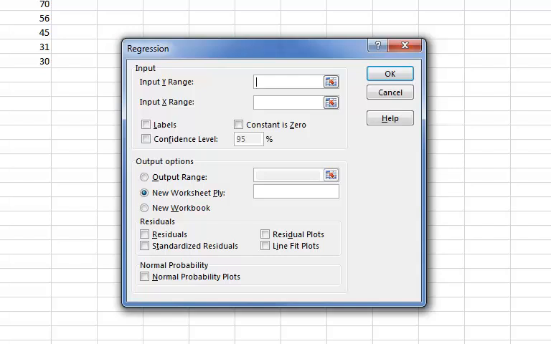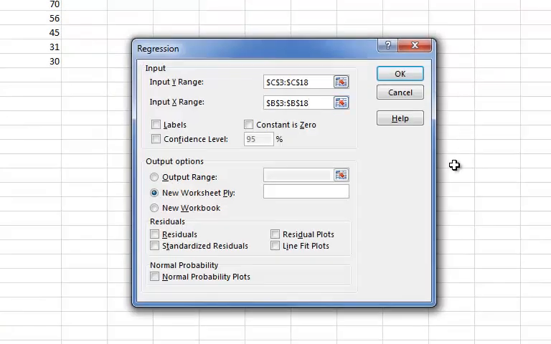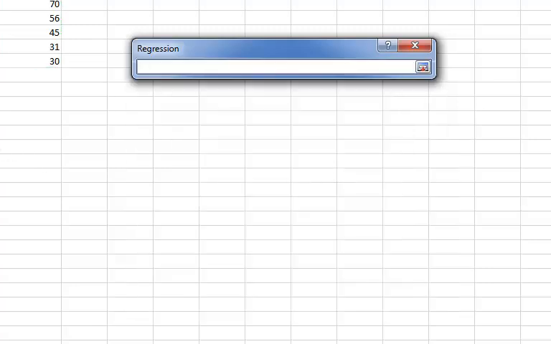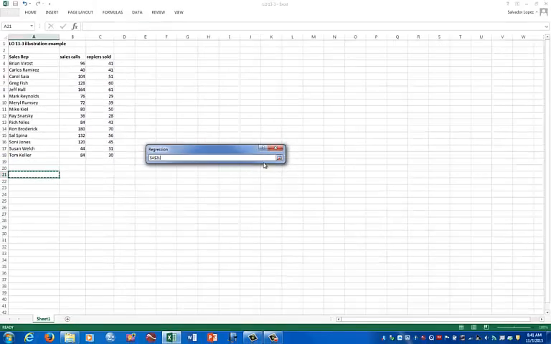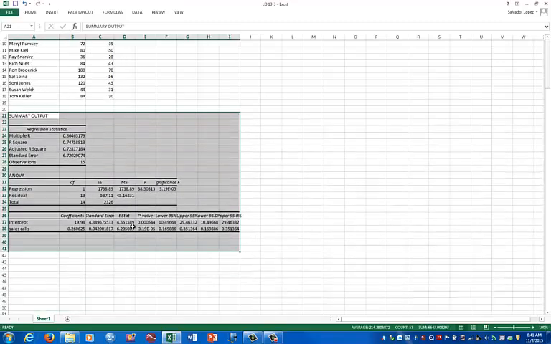So copiers sold is our dependent variable, and the independent variable is the sales calls. I included the labels on the first row. Confidence level is 95% by default, so you don't need to check it. For the output range, I'm going to select right here to start at that cell. Click OK.